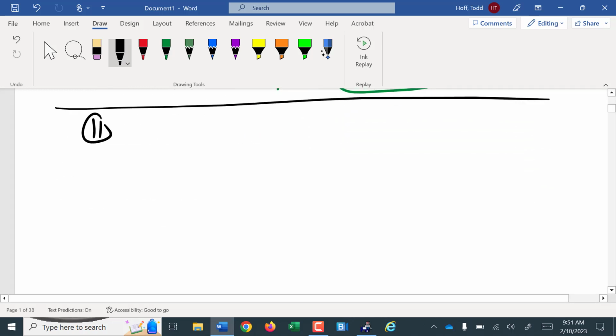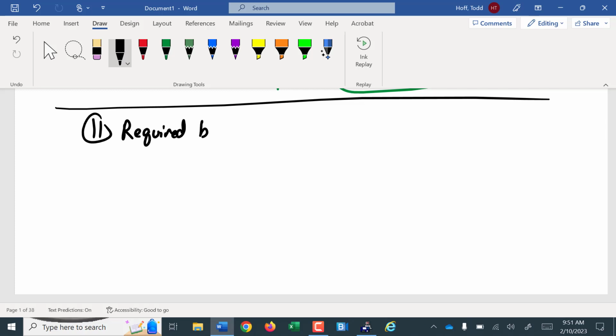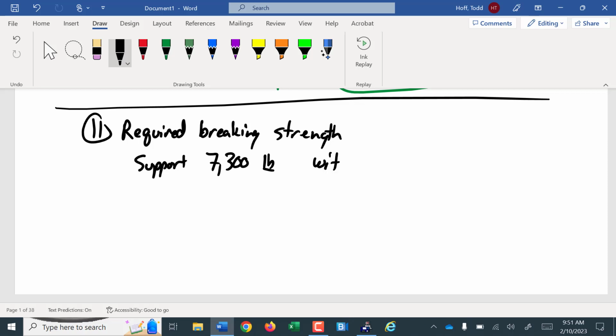Number 11. We're going to find the required breaking strength. So that's what the rope needs to be rated at. If it needs to support 7,300 pounds, and with a safety factor of 6.